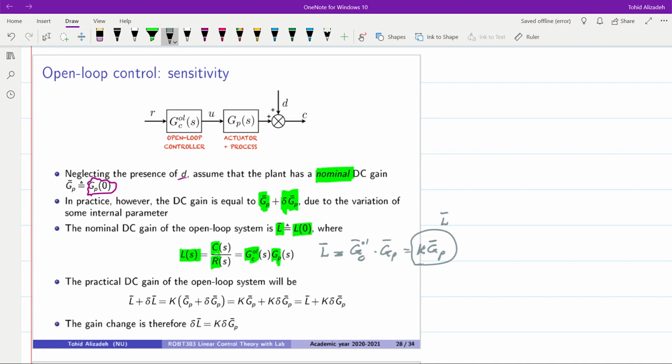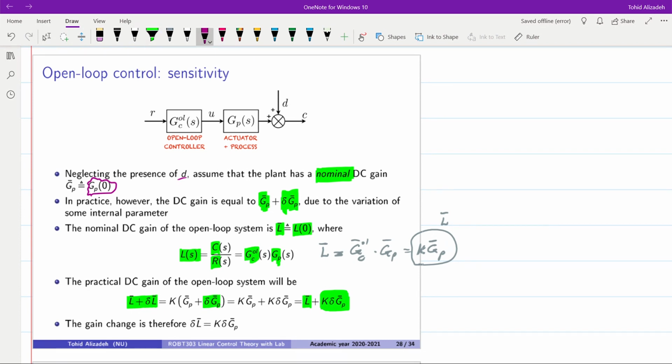And then the practical value for it could be obtained as, you can see here, L bar plus delta L bar, which is obtained as K times (GP bar plus delta GP bar). This is the variation that we have for the DC gain of the plant. And it will give us at the end L bar plus K times delta GP bar.